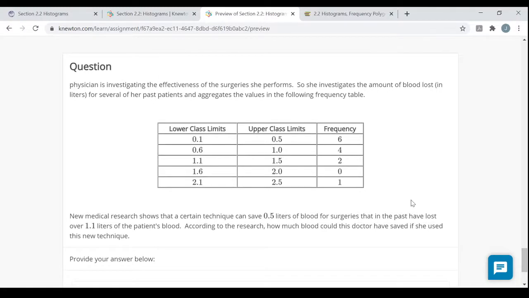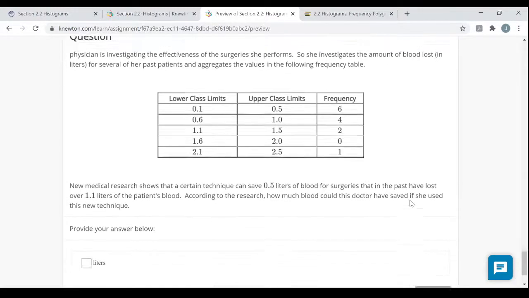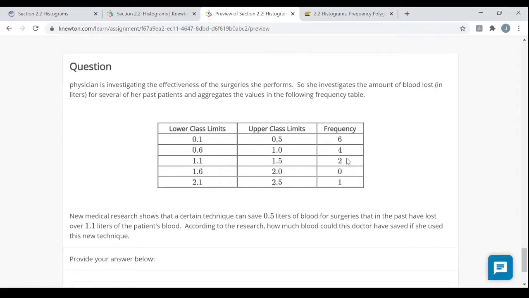Right, and then a question about it. Right, so same table that we just looked at. So it says new medical research shows that a certain technique can save half a liter of blood for surgeries that in the past have lost over 1.1 liters of that patient's blood.